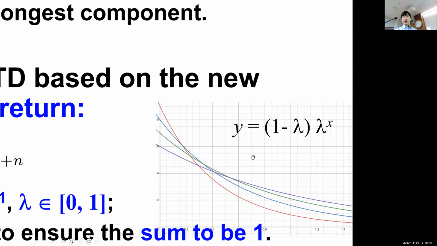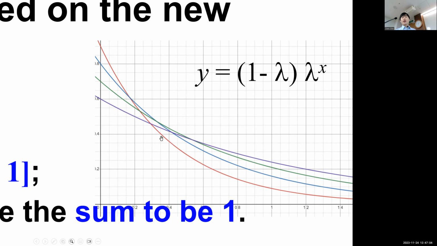Then if you do the integral, the area below this shape will be equal to 1. Okay, the sum will be equal to 1. So this guarantees that the total contribution of the components will be 1.